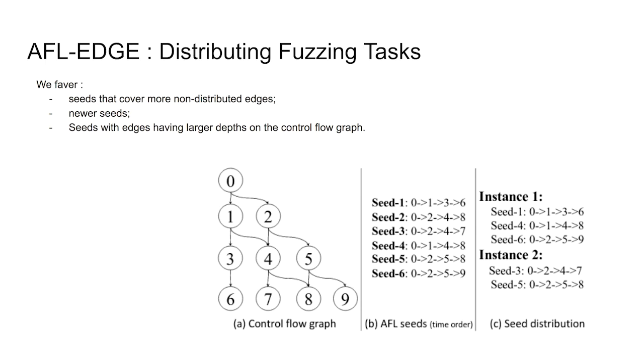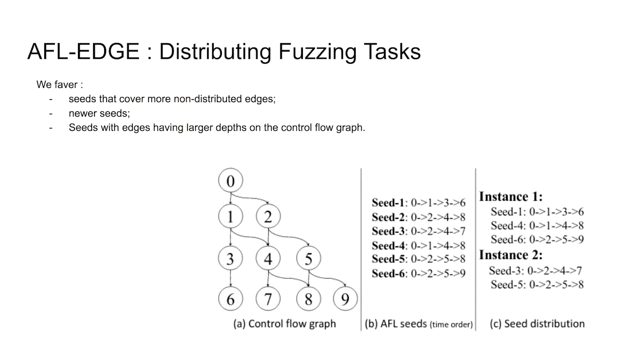First, we prefer the seed that covers more non-distributed edges. The motivation is to quickly consume the distribution space. The second one is that we favor the newer seeds. The newly generated seeds have a higher chance to cover new edges than the older ones.